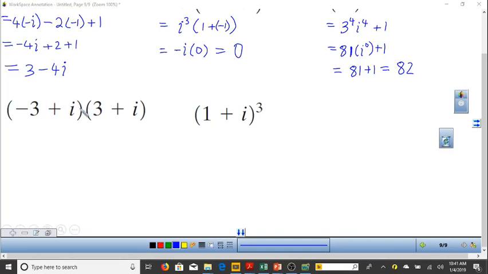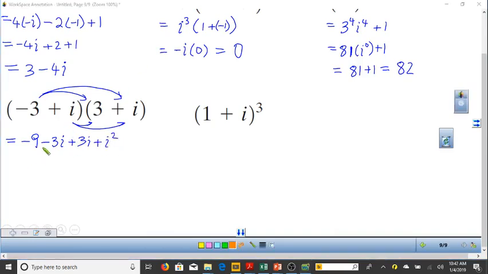Now we're multiplying here. As you can see, these have opposite signs, but not in front of the i. So let's see what ends up happening here. Negative 3 times 3 is negative 9. Negative 3 times i is negative 3i. i times 3 is positive 3i. And i times i is positive i squared.